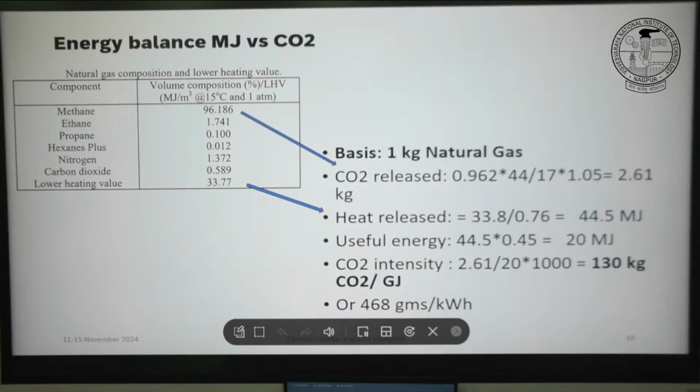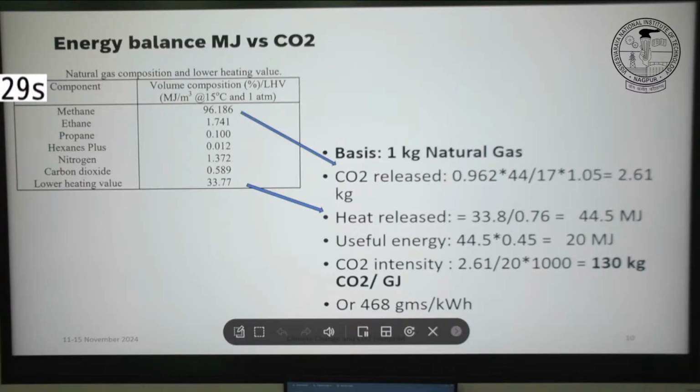That's the typical composition. So if we do a similar calculation here, you could see 96.2% is methane. That means 44 divided by 17. And I just put 1.05 here for the sake of simplicity. We also have ethane, you could see 1.74%.